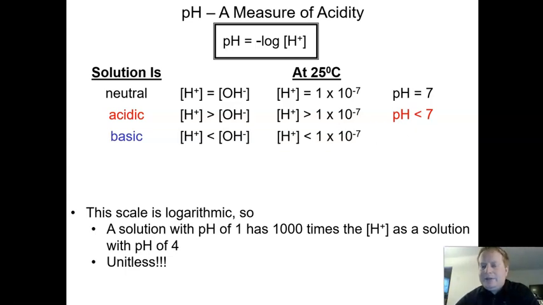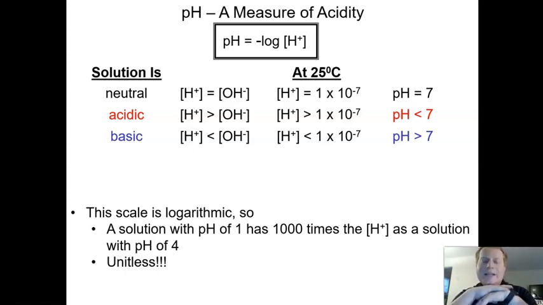That means the H plus is less than 1 times 10 to the negative 7, which means that the pH is greater than 7. The more concentrated the H plus is, the lower the pH is. So the higher the concentration, the lower the pH, the more acidic. And the opposite is also true. The less concentrated H plus you have, the greater the pH is.